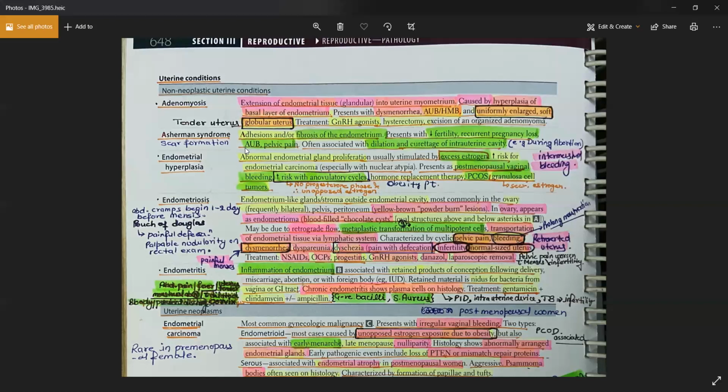If the patient does not get the bleeding, then you will diagnose them with the Asherman syndrome, because that means it is an anatomical defect, right? Right. So even if you remove the progesterones, you won't get the bleeding, and that means something is wrong with the endometrium. That means the patient might be having the Asherman syndrome. So remember this test, the progestin challenge, okay? You will use that for the Asherman syndrome. Now any doubt, please ask.